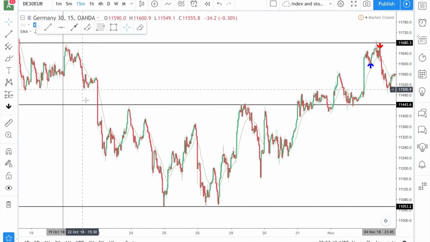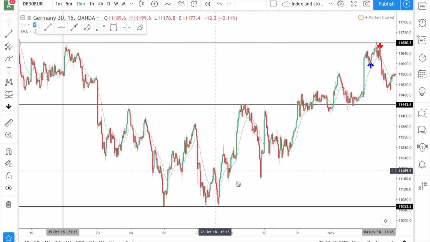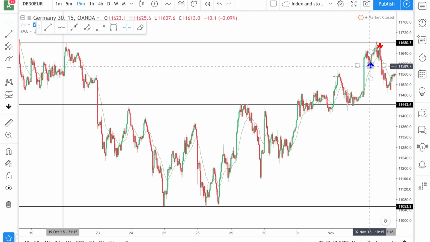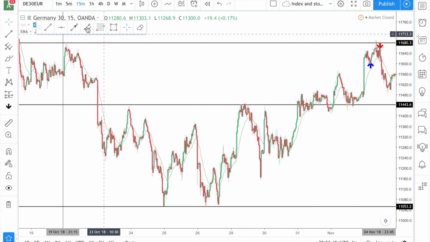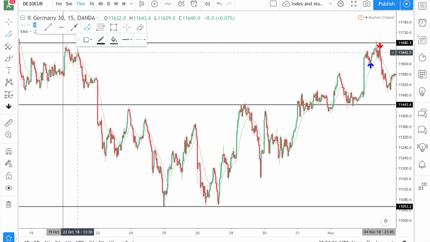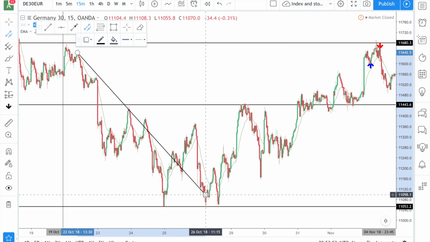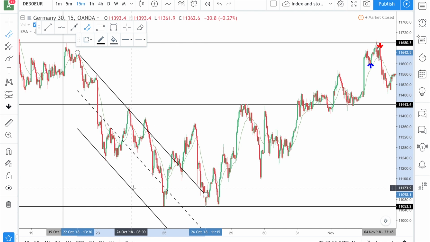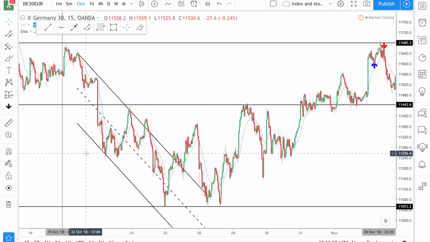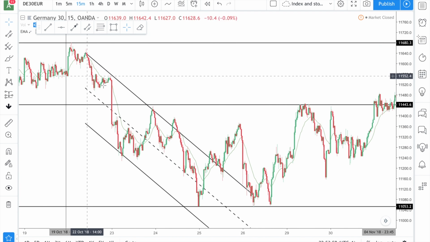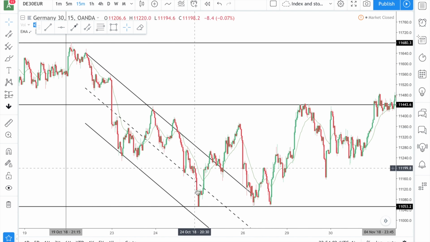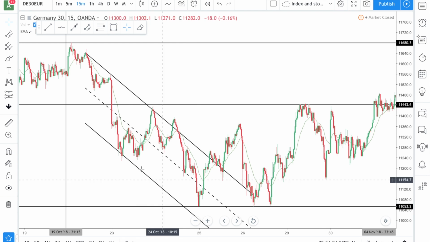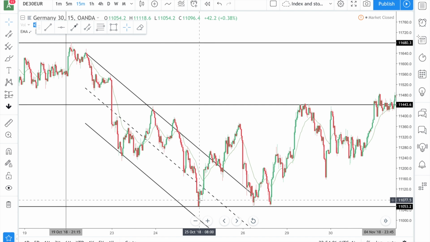We had a breakout to the downside and some choppy markets, and now a breakout to the upside. What I see here is some kind of bear channel in here. You've got the channel, you've got the close outside, you got the retest of the lows. You actually made a new low down here.